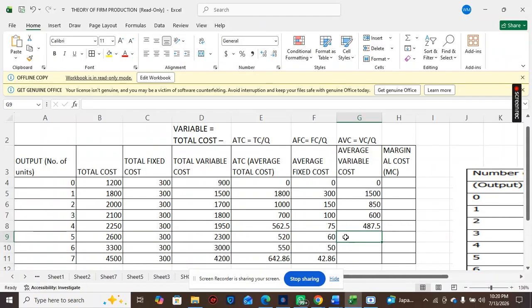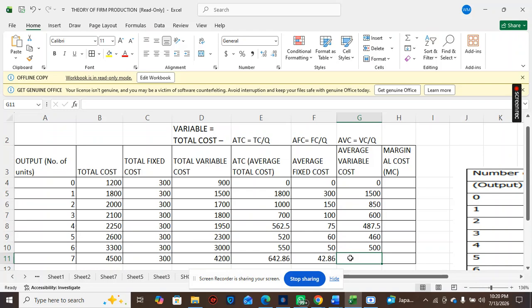When we produce 5 units, our total variable cost is 2,300 divided by 5 units, 460. When we produce 6 units, our total variable cost is 3,000 divided by 6, 500.